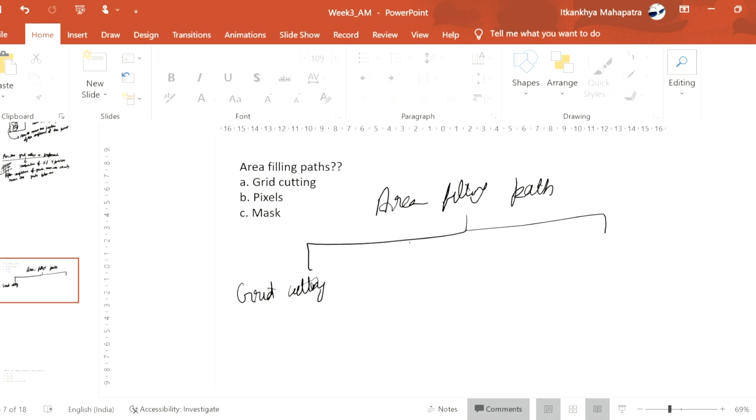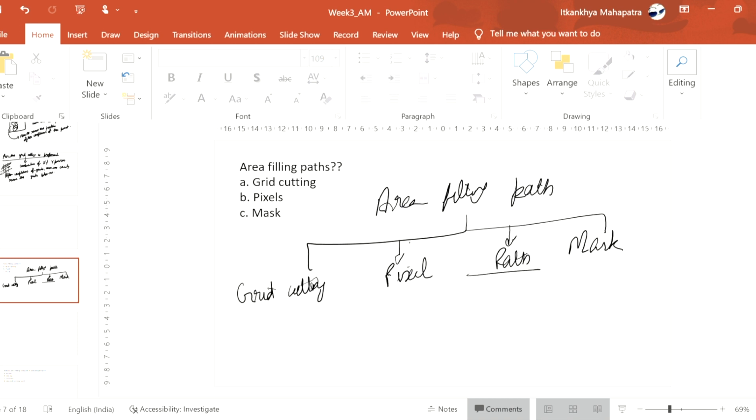So area filling paths are grid cutting, pixel, path and mask. Grid cutting, which we just saw, is for removing the unwanted part. Pixel is material cutting or addition governed by resolution of pixels.